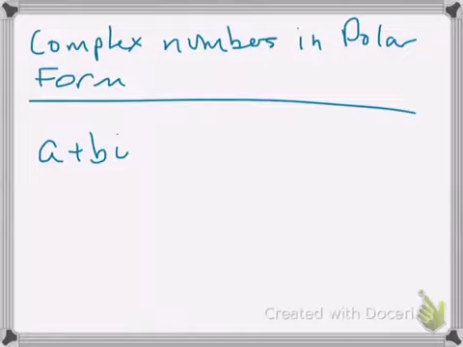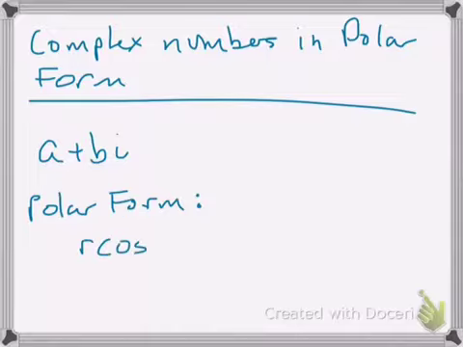Polar form of a complex number is R cosine of theta plus R times i sine of theta.